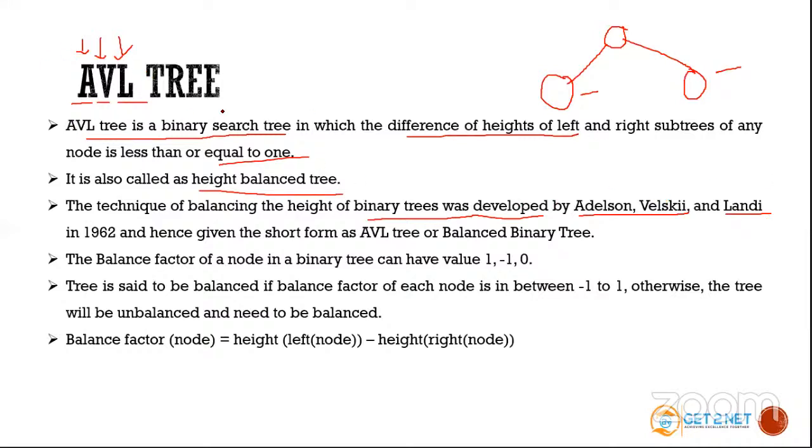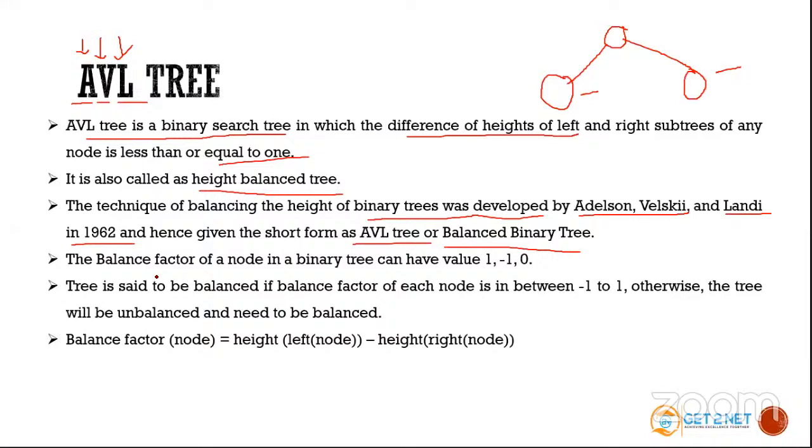This tree is named the AVL tree, or you can say it is a balanced binary tree. Clear everyone? Remember this name. They don't ask, but just for your benefit, just remember it. It was developed in 1962.